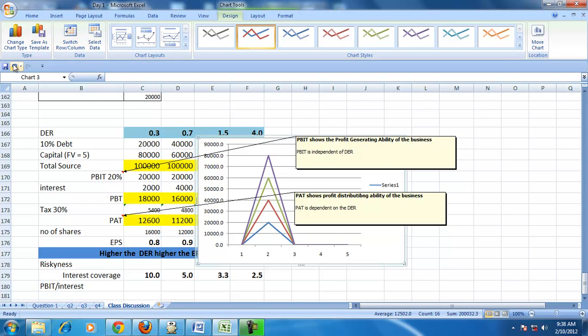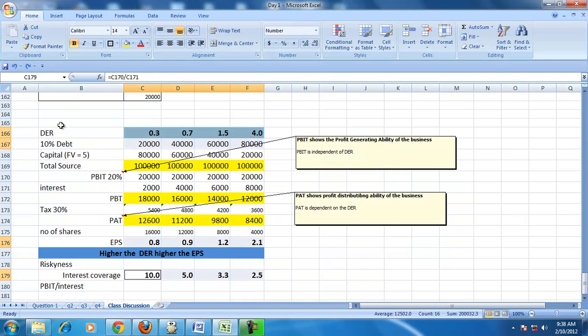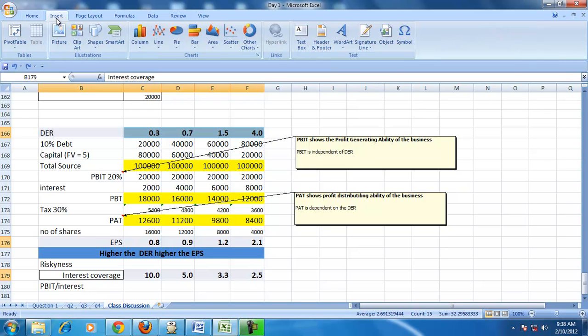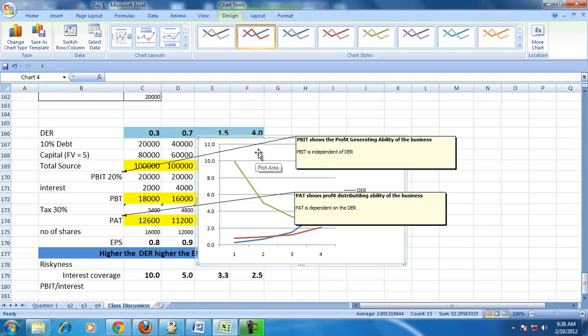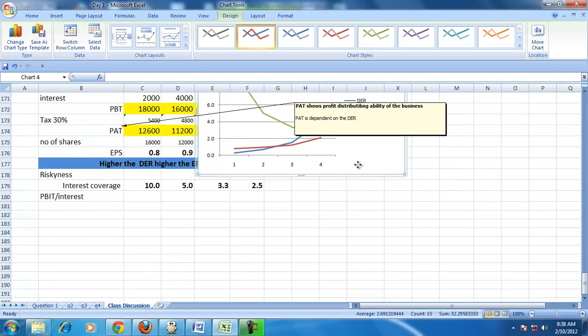The interest, EPS and the interest coverage ratio, okay, so we can pull it down.